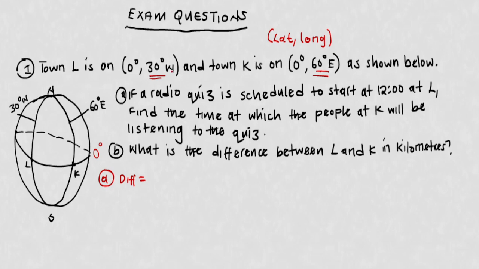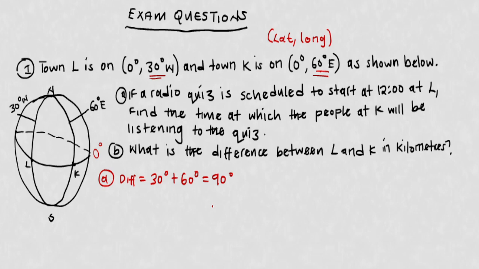So they are on different sides: this is west, this is east. If they are on different sides, add them. So we're going to say 30 degrees plus 60 degrees. This gives us 90 degrees. So this is the difference in longitudes.